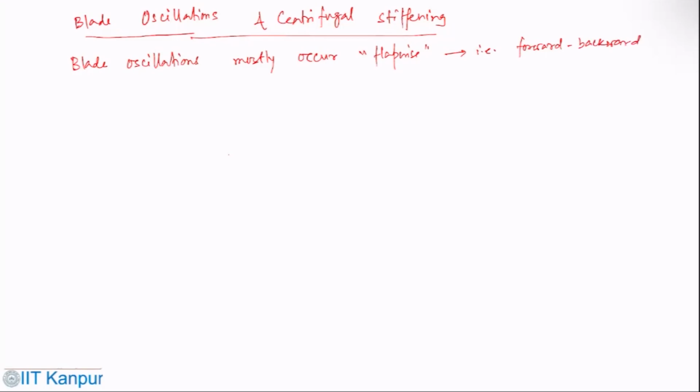So if I have a unit like this, the blade can go like that, blade can go like that. So that's essentially the forward and backward operation. That's typically how the blade oscillation takes place.